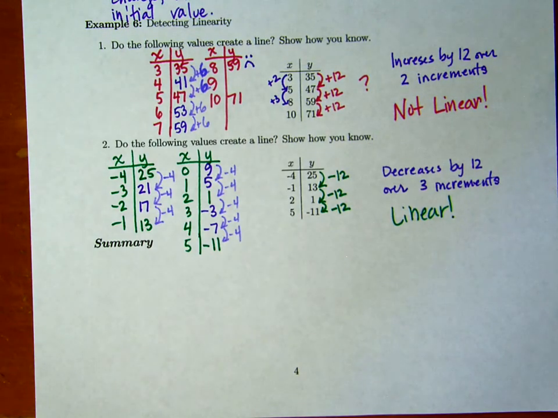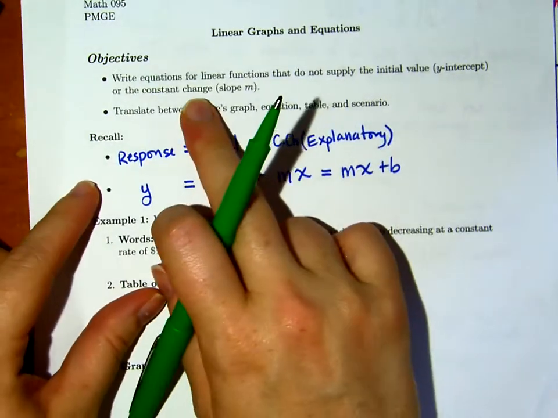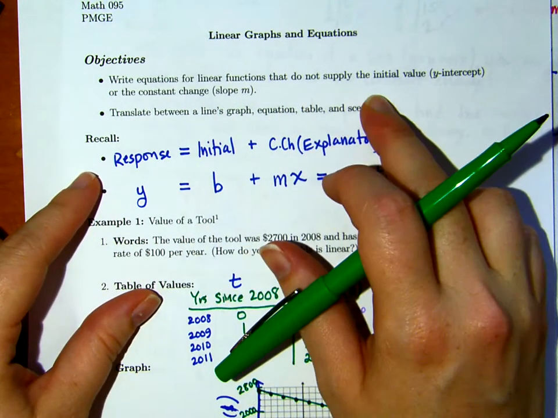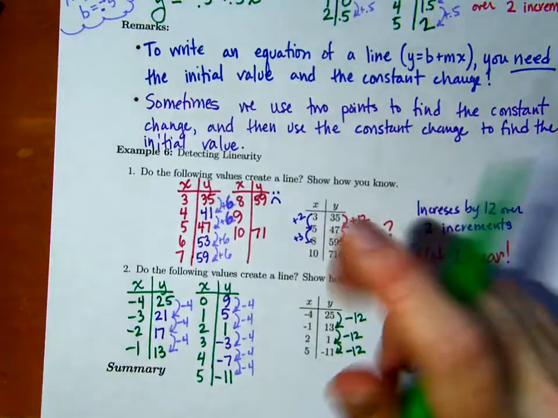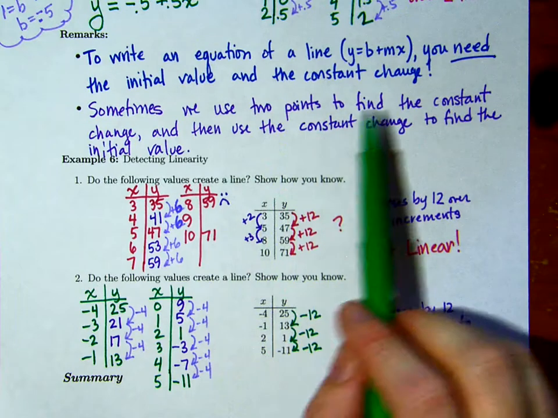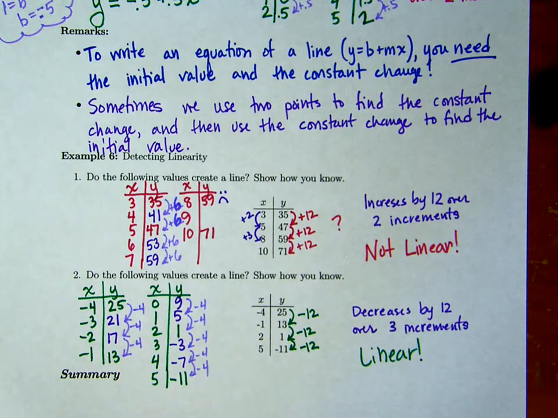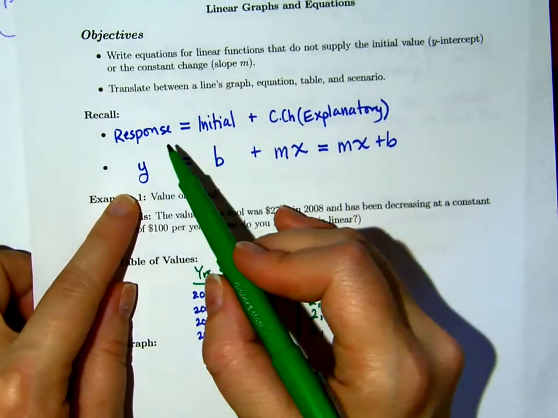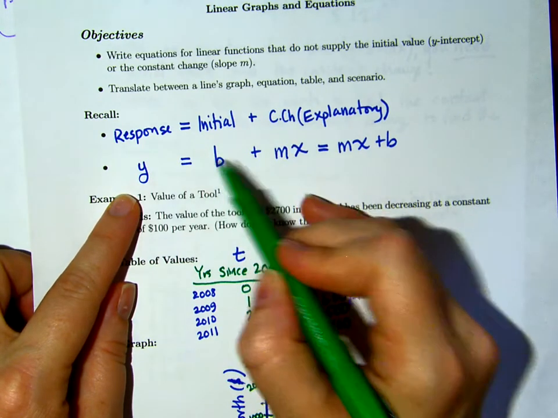Okay, so quick summary. If we're going to write an equation for a linear function that does not supply us with the initial value or the constant change, then we are going to have to find the constant change and then use that constant change to find the initial value so that we can write our equation, because we need the initial value and we need that constant change.